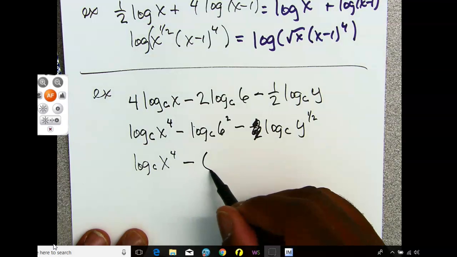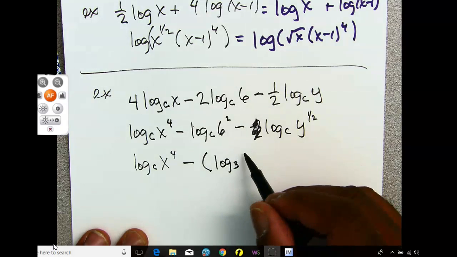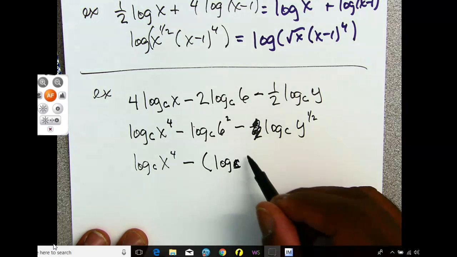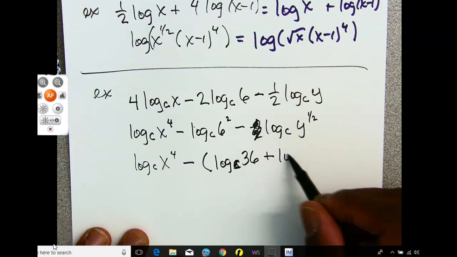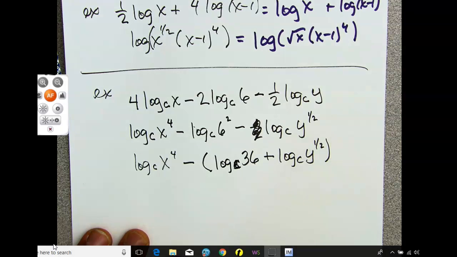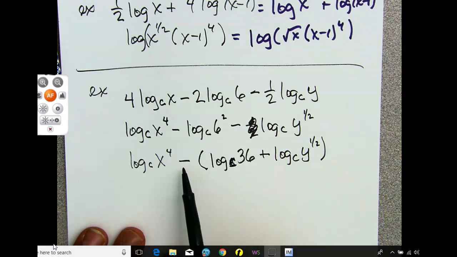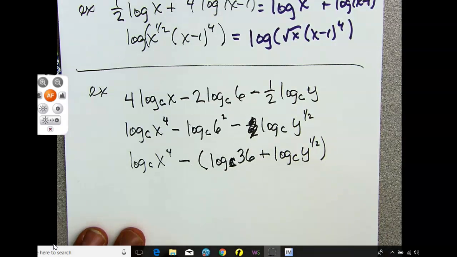And then this would be log base c, and then the 6 squared is 36. And then a plus log base c of y to the 1/2. Okay, just as long as we don't change the original. So if we were to distribute this negative, we would get negative log base c of 36 minus log base c of y to the 1/2. So that works.